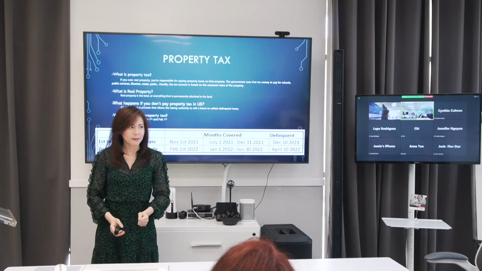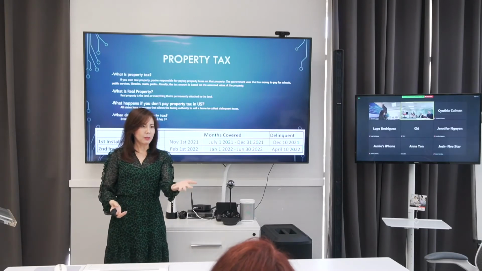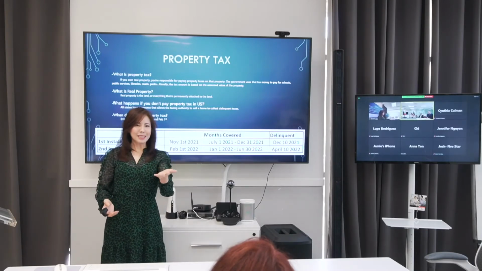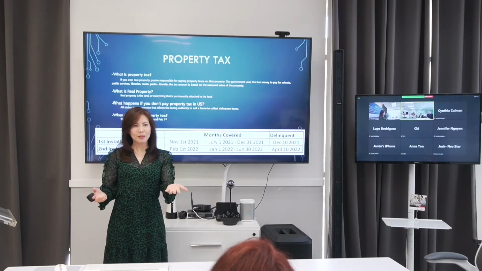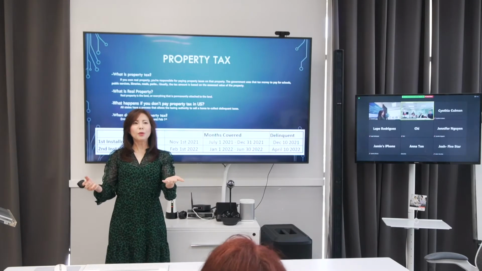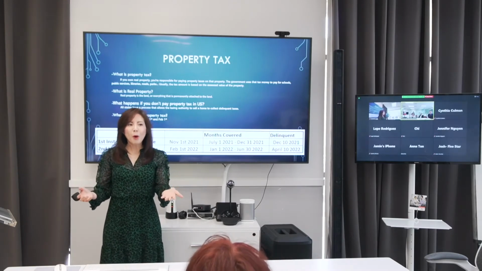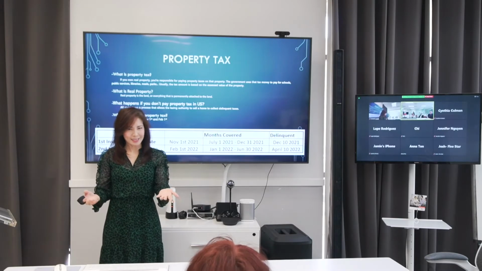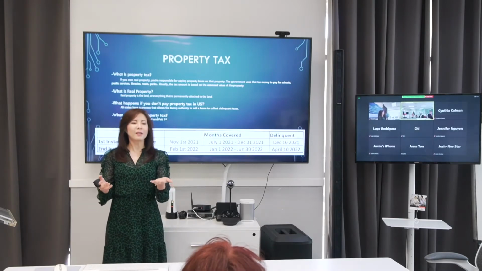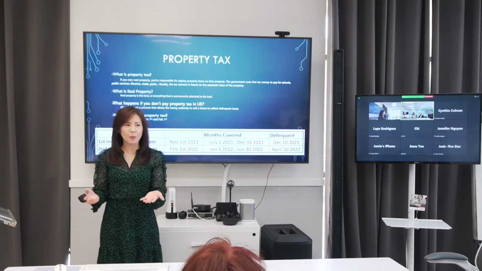For example, give me some examples. House, condominium, townhouses, commercial building, yeah. They are real property. But mobile home is what? Personal property. Mobile home is like a car. They are personal property. Okay.